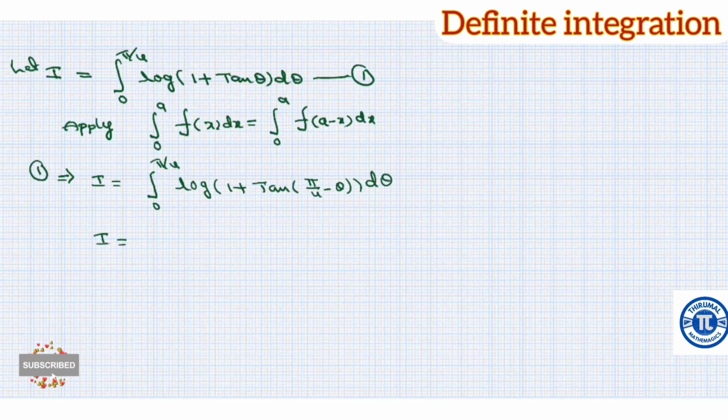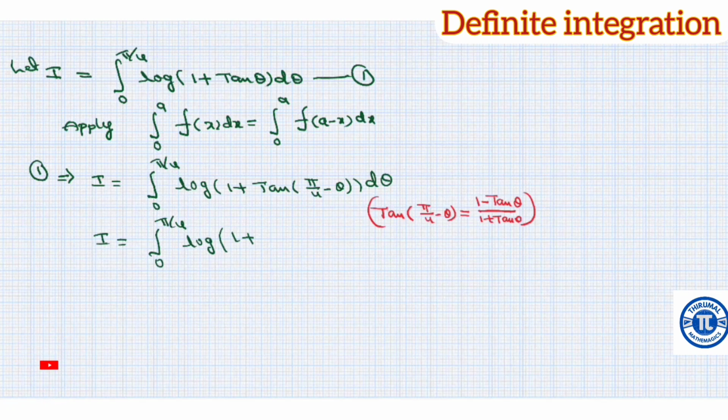Okay, I equal to integration 0 to pi by 4 of log of 1 plus tan of (pi by 4 minus theta), which is equal to (1 minus tan theta) by (1 plus tan theta), into d theta.